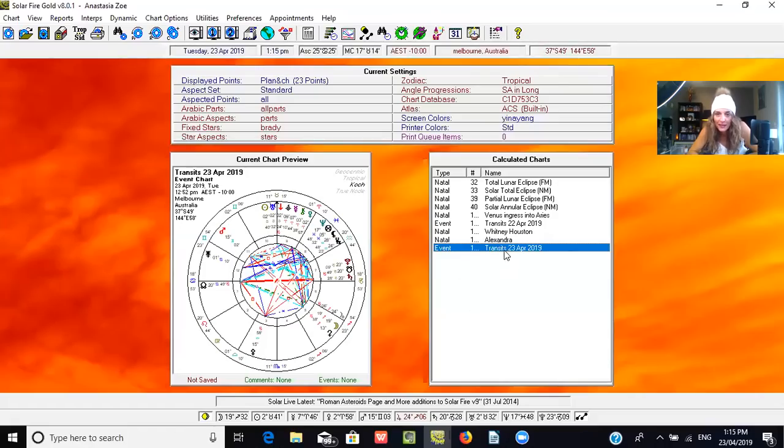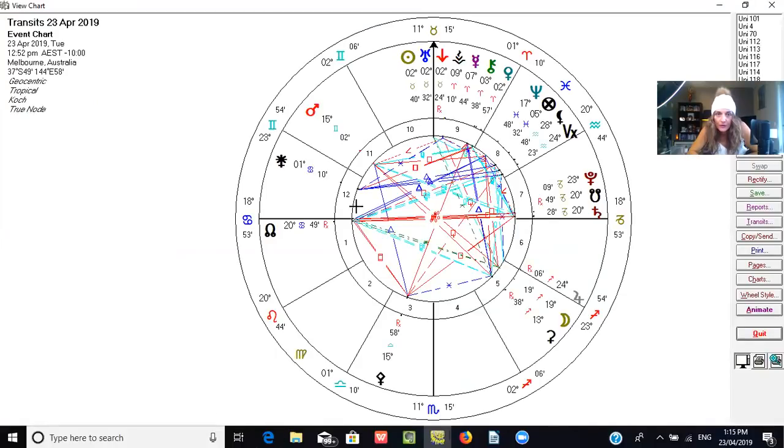Let me just check something, because my brain just had a foggy moment. Okay, so Aries, yes, that's right, quincunx Scorpio.